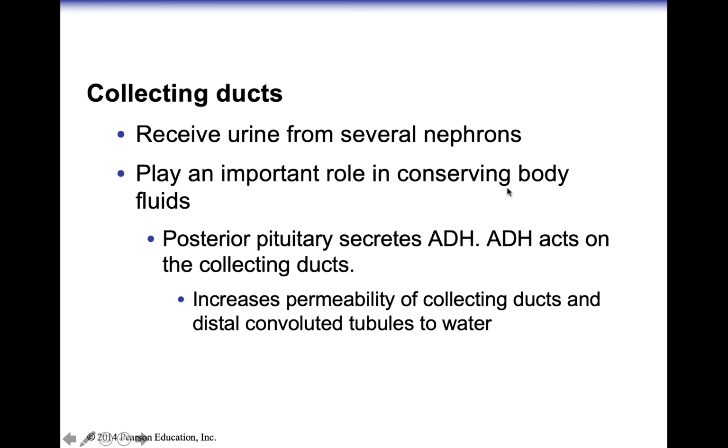Now, there is a hormone that affects the function of the collecting duct. And that hormone is going to be called ADH. I don't know if we've gone over this before. I feel like we have, but if not, let's go over it again. ADH is a hormone called anti-diuretic hormone. If you just break down this word, anti-diuretic hormone, it's a hormone that's against being a diuretic.